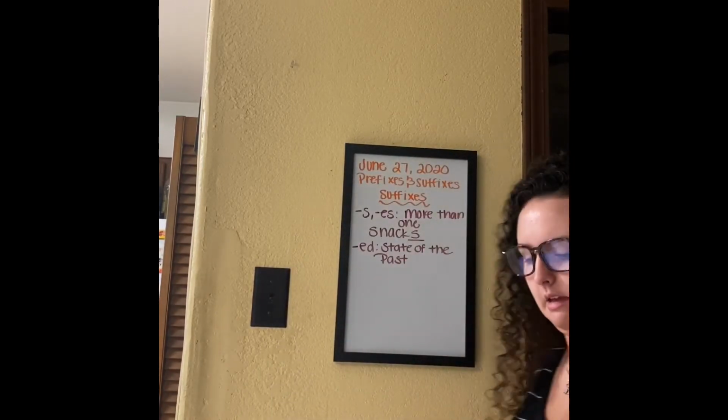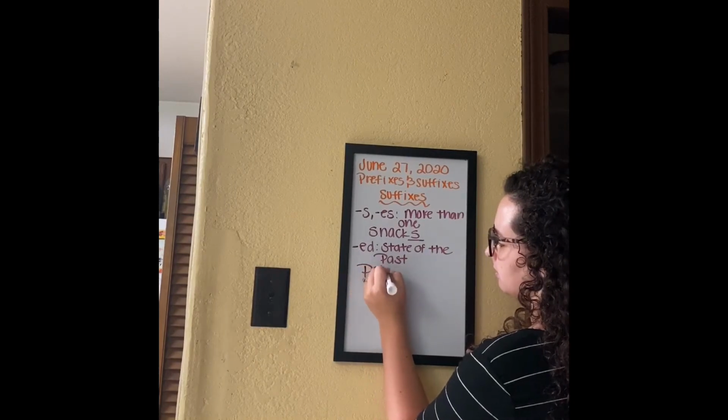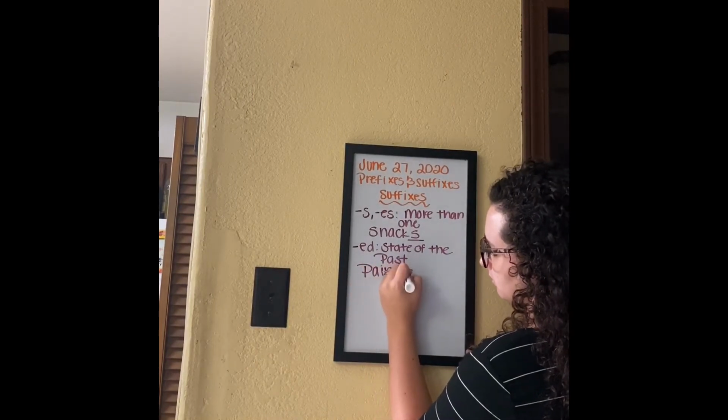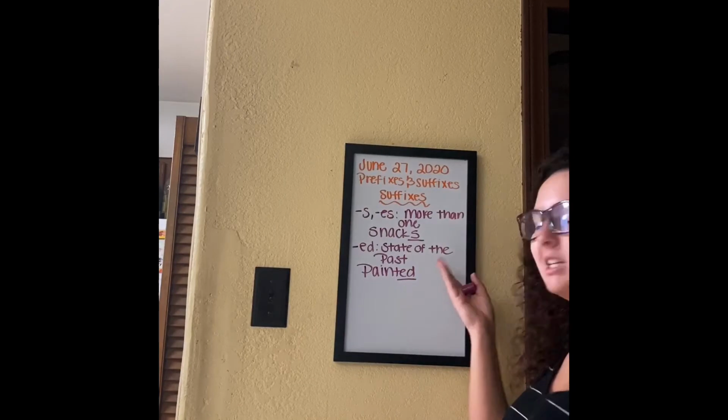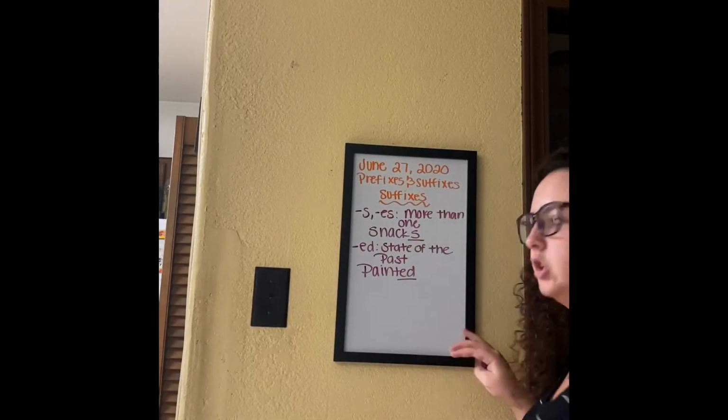Y'all went to art class and did what? Y'all painted, right? Y'all painted and you colored. So what's y'all's favorite example for this one? Painted. Yeah, that was fun, huh? So you painted. Something you did. It was in the past. You did it yesterday.